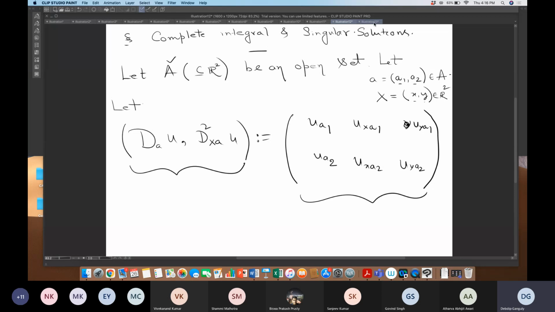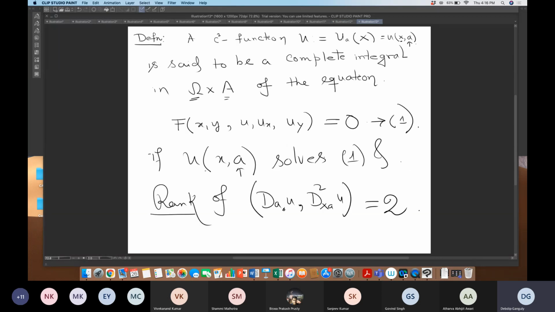This matrix has rank 2. And you can ask why the problem is that this a is hanging around: it is because the initial condition is not prescribed. So this is just a PDE that is given. We haven't prescribed the initial conditions. So you would like to find the family of solutions of this PDE.